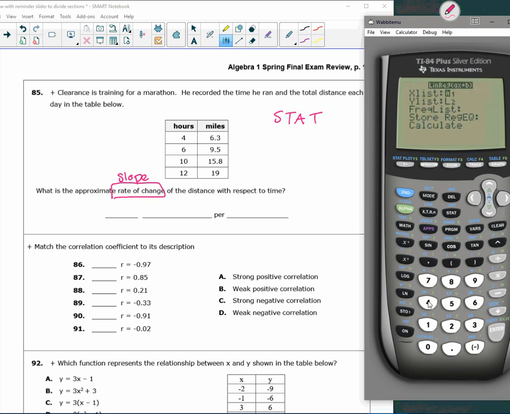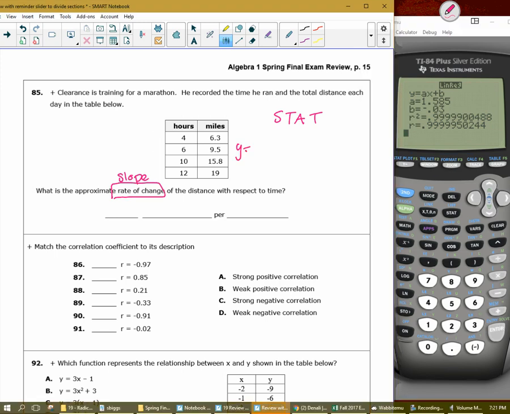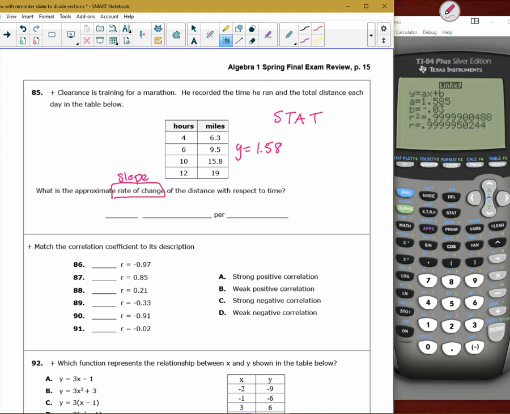I'm dealing with linear, because with slope we're dealing with linear. And I get the equation y equals 1.585x minus 0.03. So this means that we're looking at mx plus b. So here's my slope.